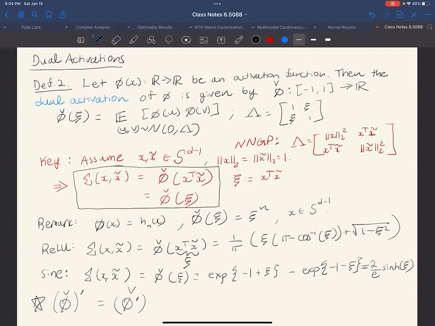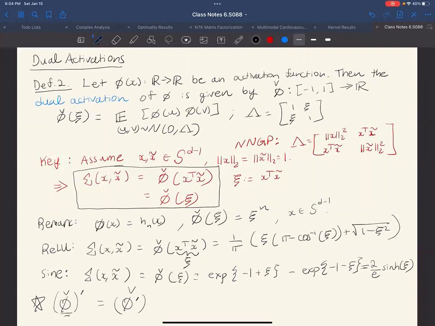And why is this a bit useful? Well, we'll see in the next lecture when computing the neural tangent kernel, if you just know the dual activation for the NNGP, and you just know the neural network Gaussian process, it's extremely trivial to compute the neural tangent kernel. I don't think this point has been made super cleanly in the papers out there today.